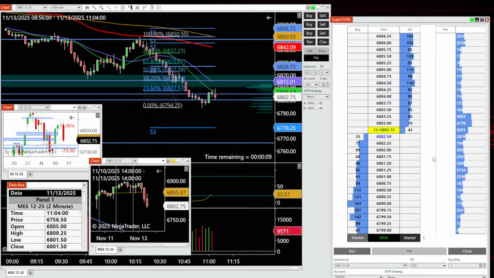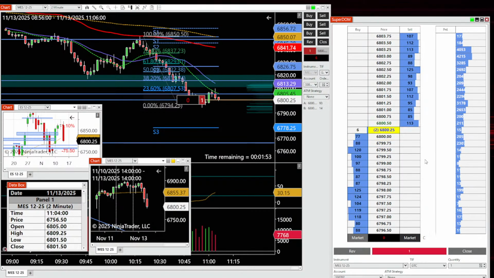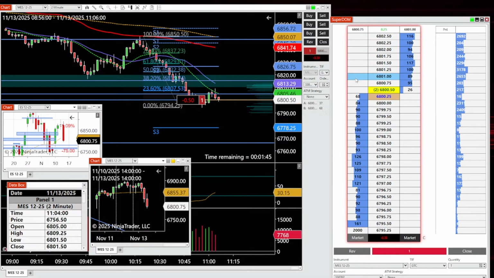Is it trying to hold 68, or is it getting weak positions out for the move lower? That's the question. Timing. And if the timing is right, I'm gonna take it. And if it pops and breaks up, I'm out at 02. Order filled.